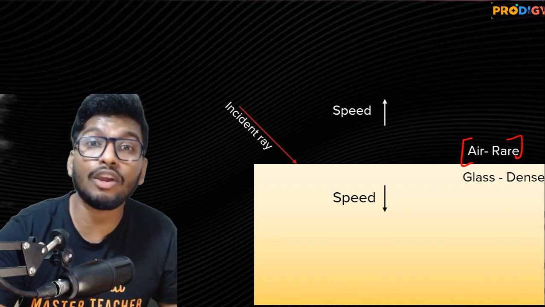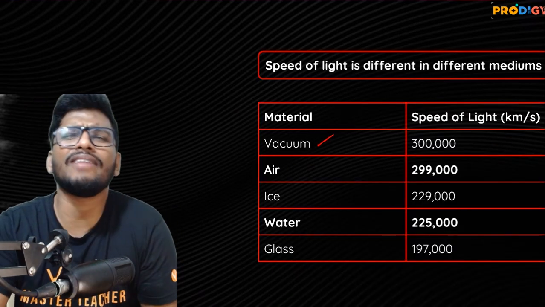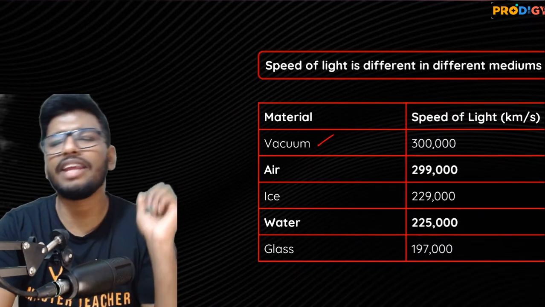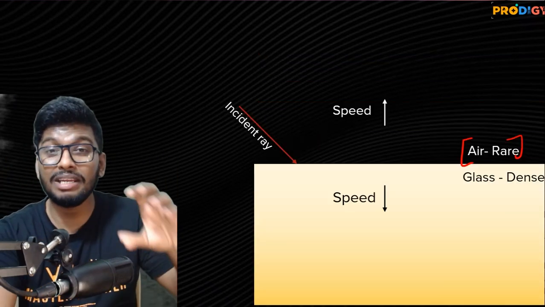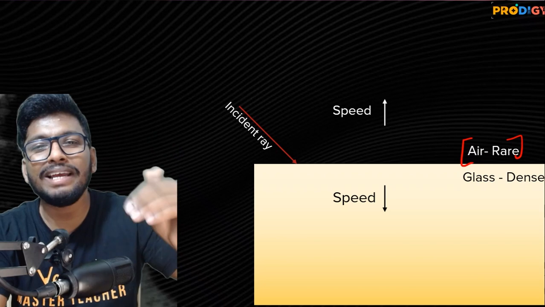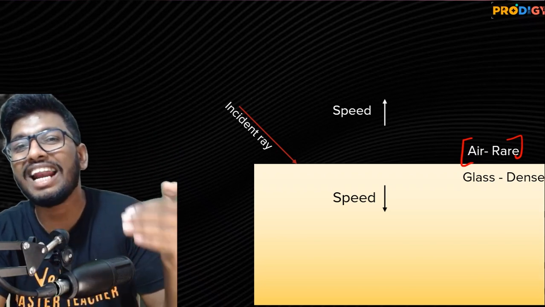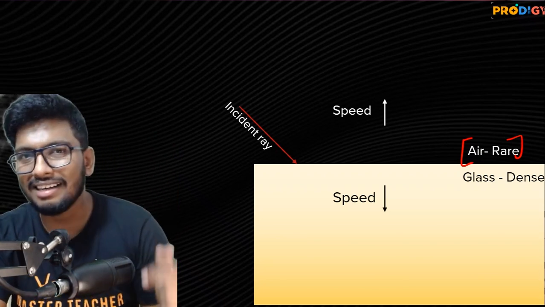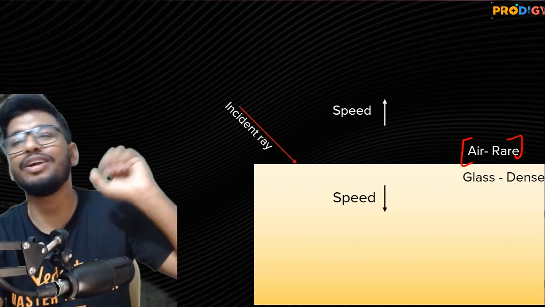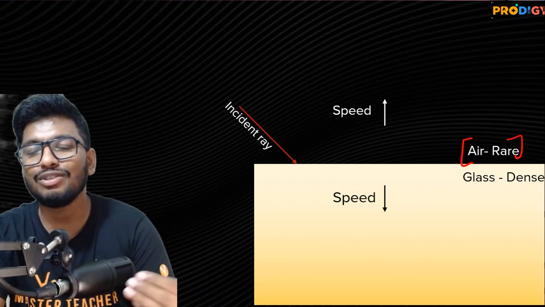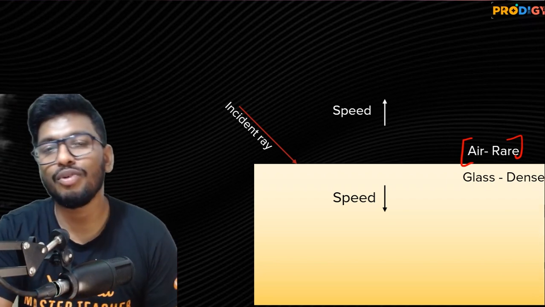For example, vacuum and air, the density is very, very less. So in those, you can see that the speed of light is very high. But the denser the medium, where the density is much higher, the speed of light is going to be much lesser there. For example, glass, water. In comparison, the speed of light is much slower in those because the densities of those mediums are much higher.